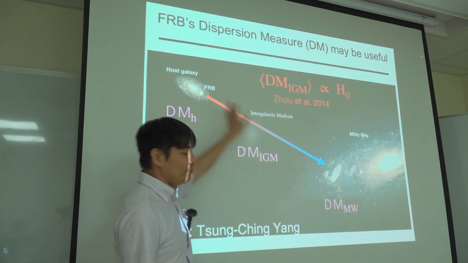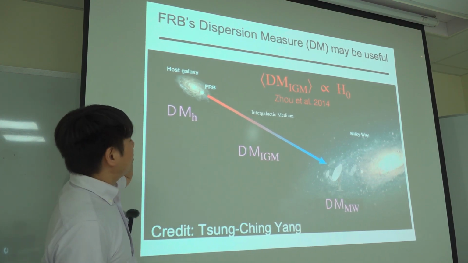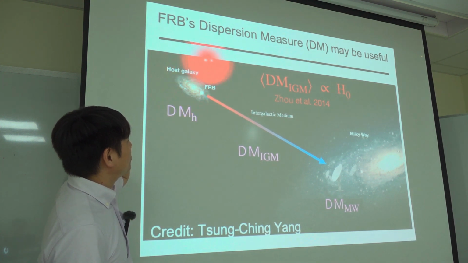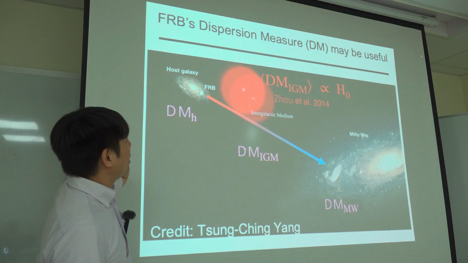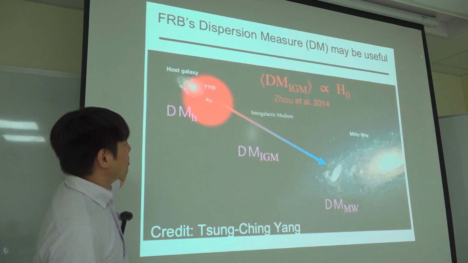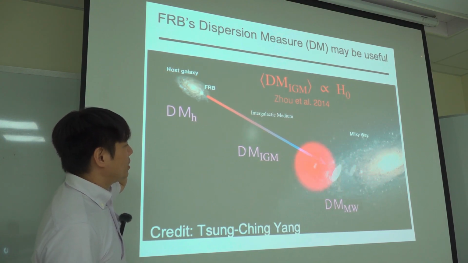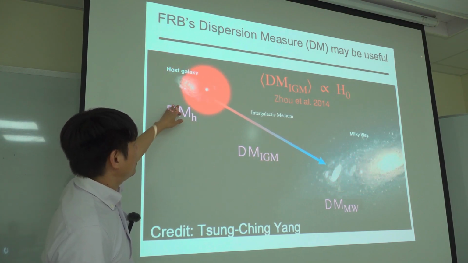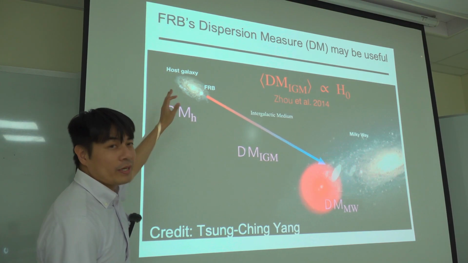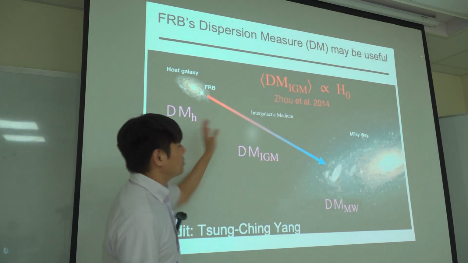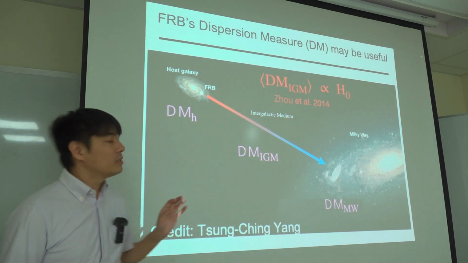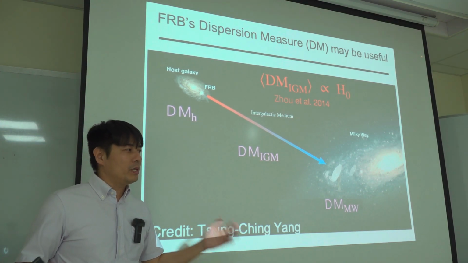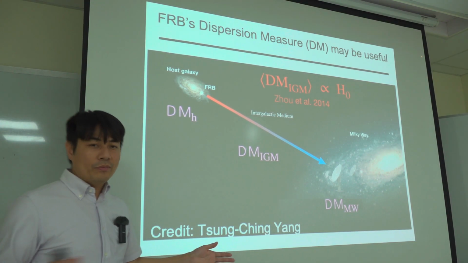Now this is a simplified situation. Let's say an FRB is happening here, and our Milky Way is here. We have a telescope here. The FRB comes from here to there, and what we can measure is the dispersion measure using the FRB. The dispersion measure counts all of the plasma between the telescope and the FRB.